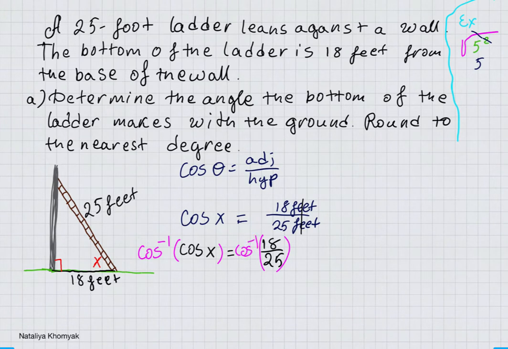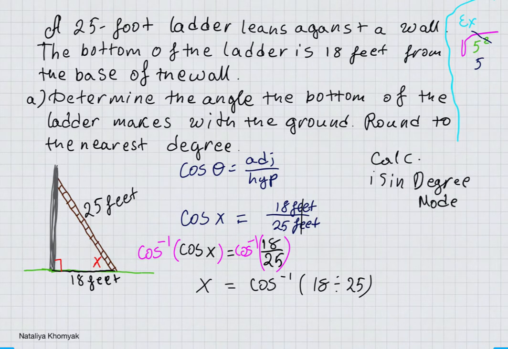On the left, cosine and the inverse of the cosine, which is written as cosine to the -1, cancel out, and you're left with x, which is equal to cosine to the -1 of 18 divided by 25. Make sure your calculator is in degree mode. Otherwise, you will get a wrong value if you're in radians.